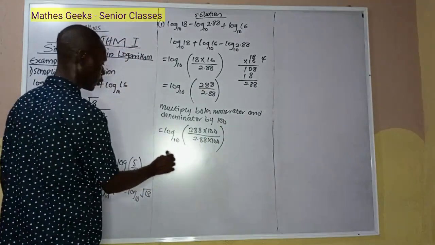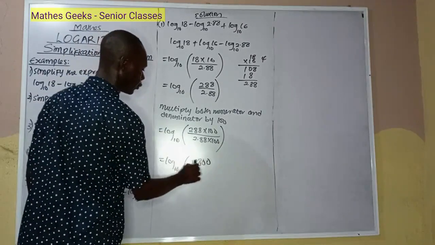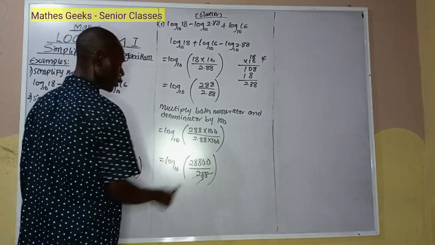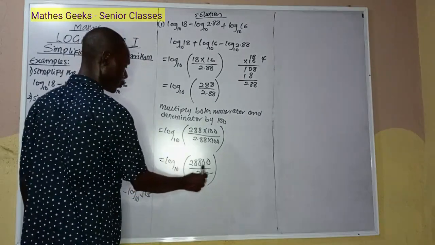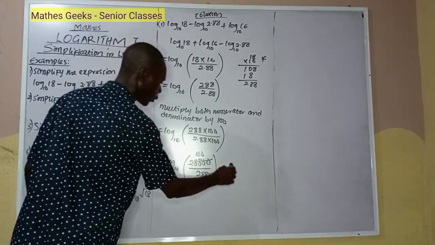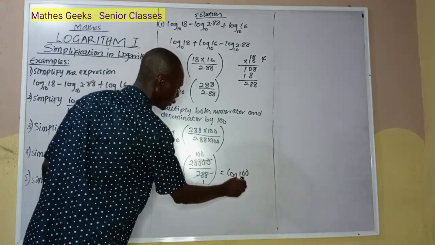And this will give us log of 28800 over 288. So 288 into 288 will give us 1, and here will give us 100. And this will give us log 100 to the base 10.